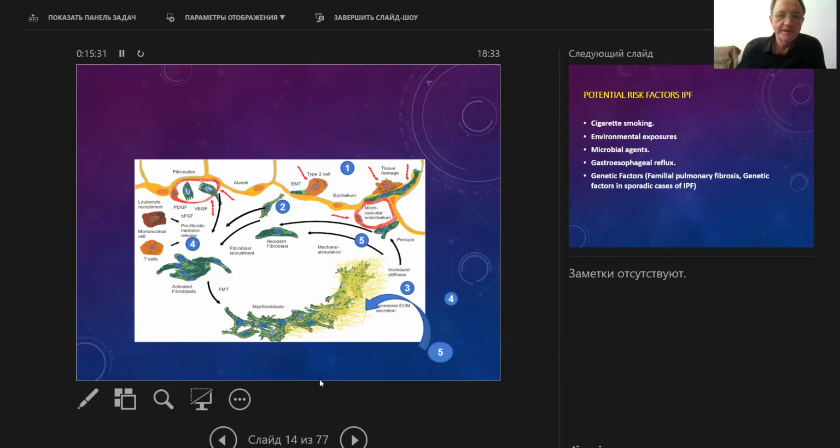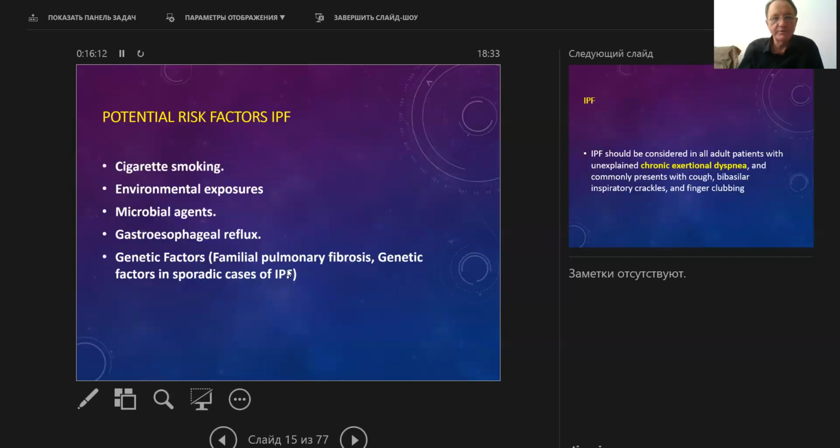But you can see transforming growth factor beta, and also growth factors for platelets, for vessels, for endothelium, which lead to formation and change of quality of the interstitial connective tissue, the loose connective tissue surrounding the alveoli. It leads to development of, first of all, respiratory failure and other problems.